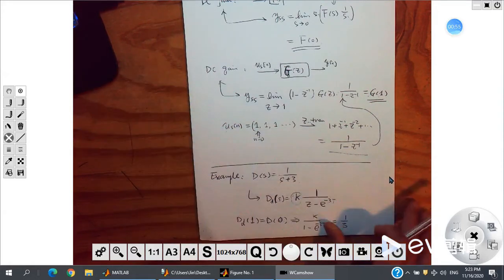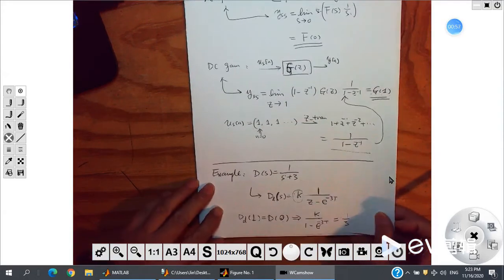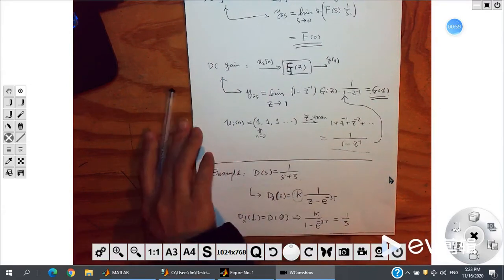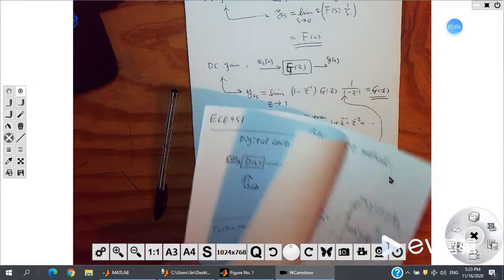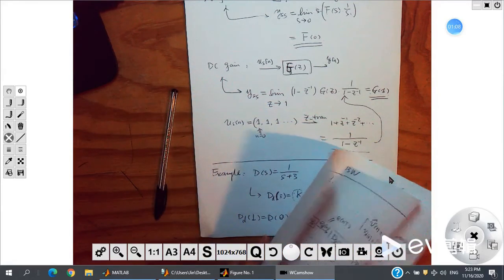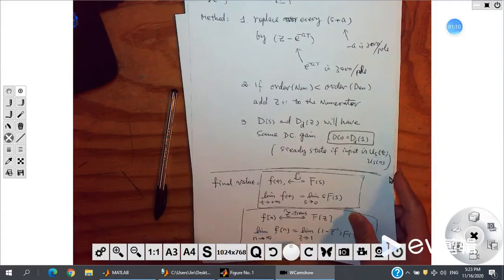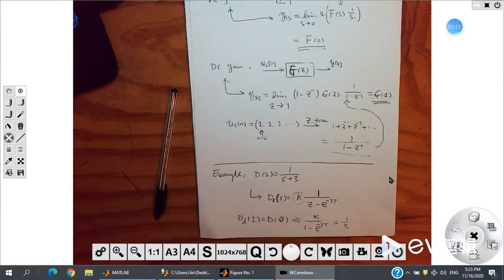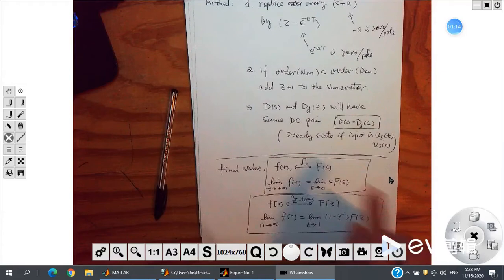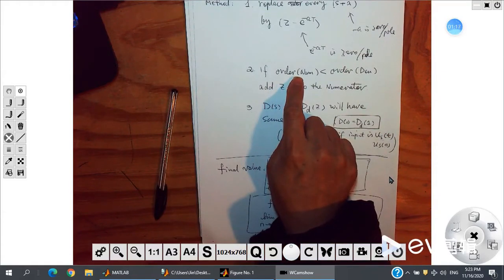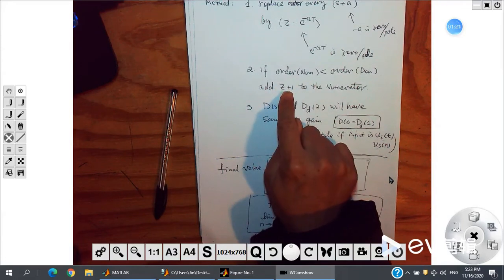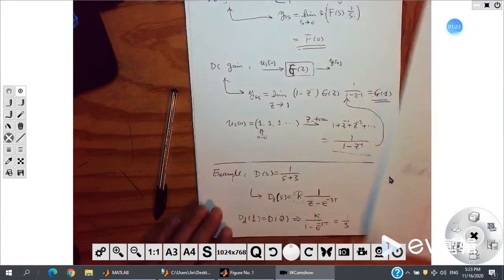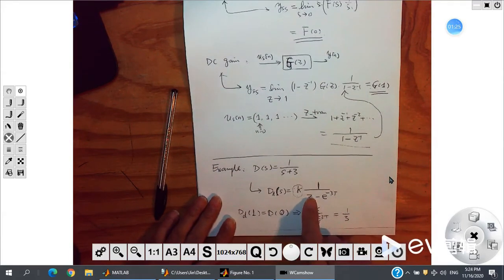We needed the second step. Second step, we need this one, right? If the order of the numerator is smaller than the order of the denominator, we need to add z plus 1 to the numerator. So here we have this one.